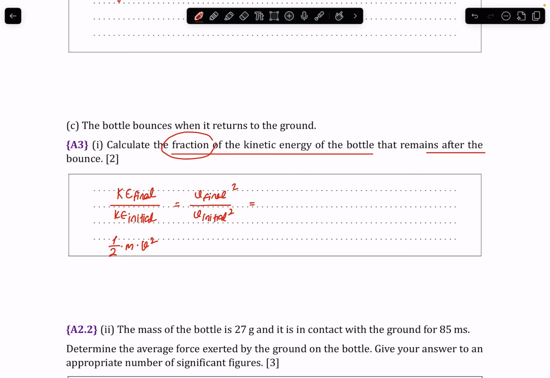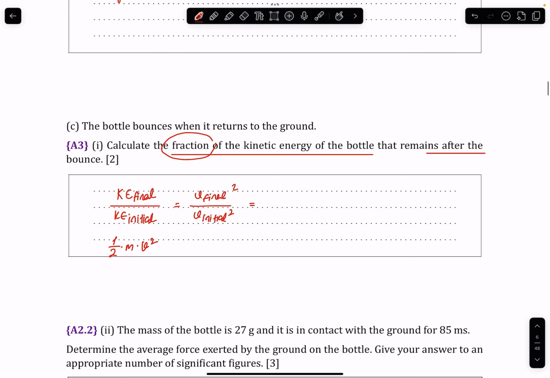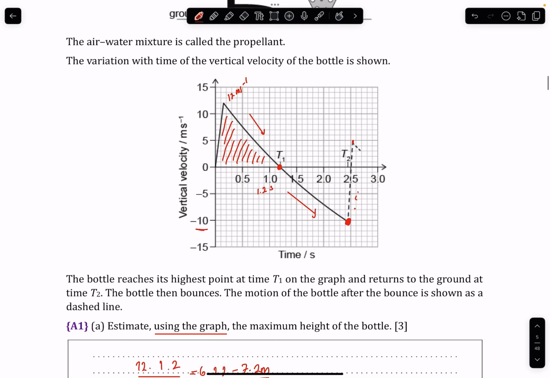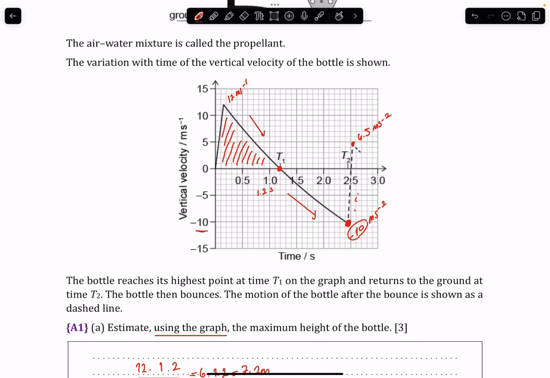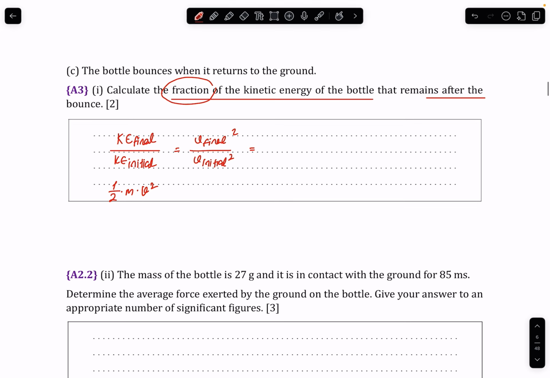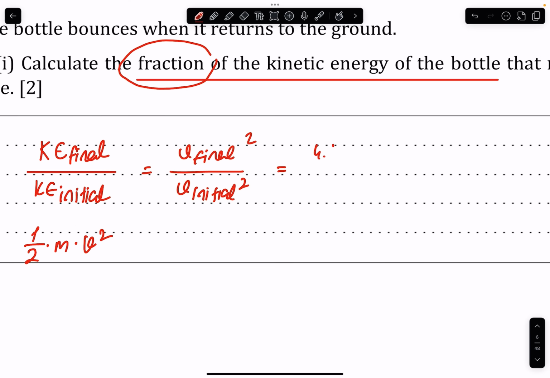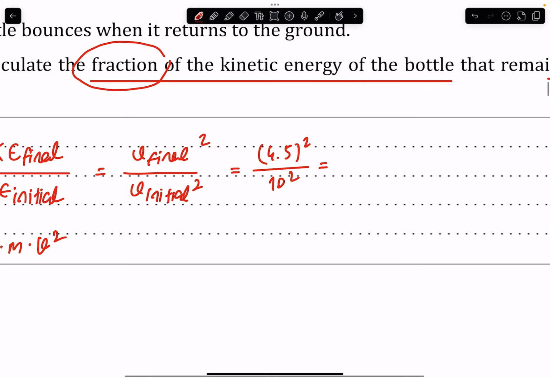If you look at the graph before the bounce and after the bounce, before the dashed line the vertical velocity is 10 meters per second, and after that about 4.5 meters per second is the final velocity after the bounce. So what we can say here is 4.5 squared over 10 squared, which gives us something about this, if I'm not wrong.